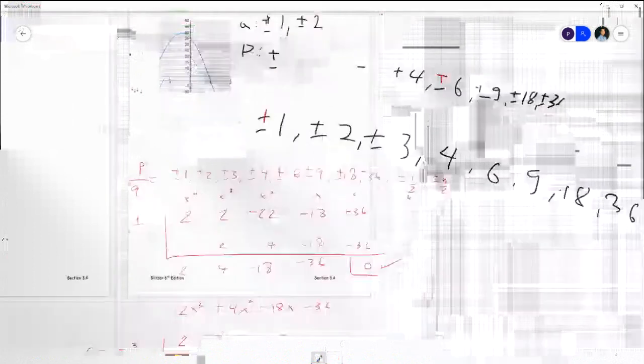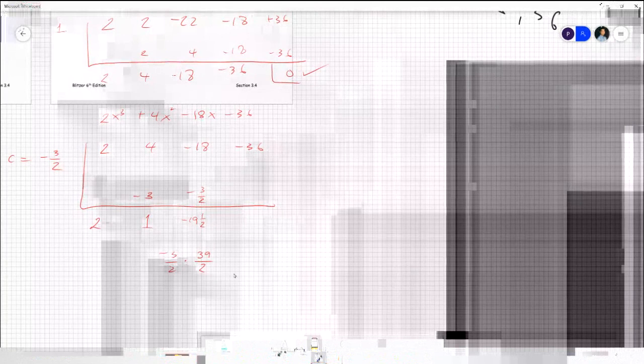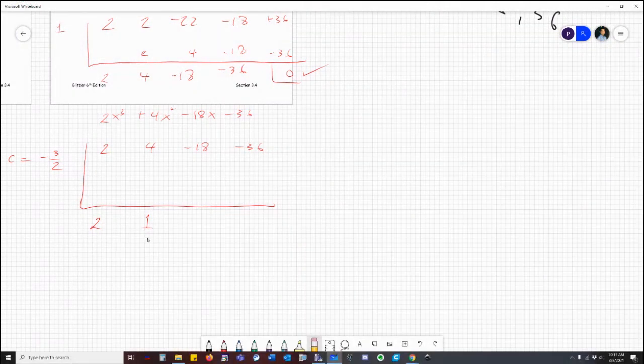So we can do 3. Honestly, you only need 2 of them to reduce it all the way down. So let's try 3 this time. And the remainder should be 0. All right, so we're going to, again, do this here, negative 3/2.